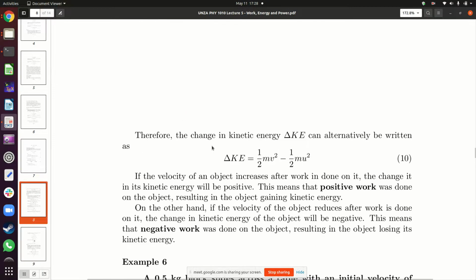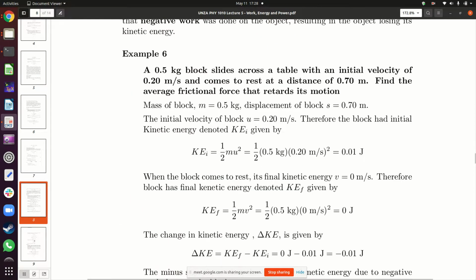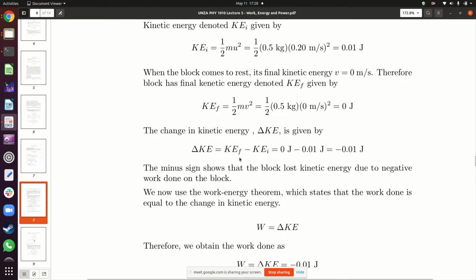Therefore, you can work out the change in kinetic energy. Change in kinetic energy is always the final kinetic energy minus the initial kinetic energy, which in this case is minus 0.01. So this change is negative. The reason why this change is negative is because this object lost kinetic energy.